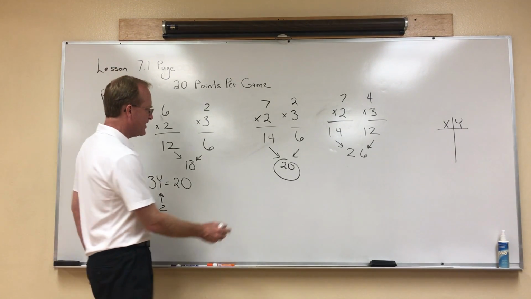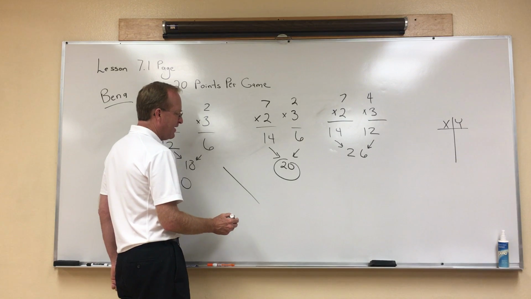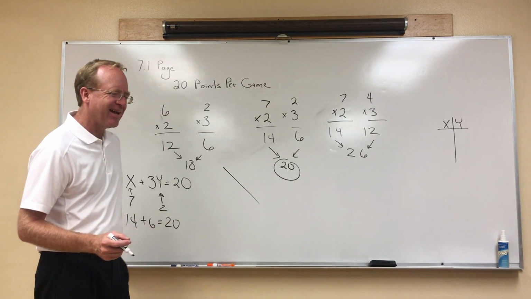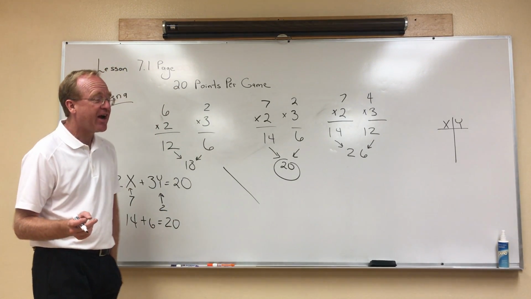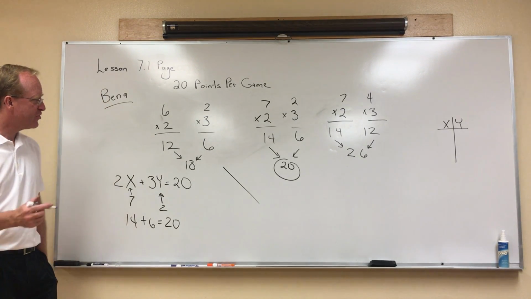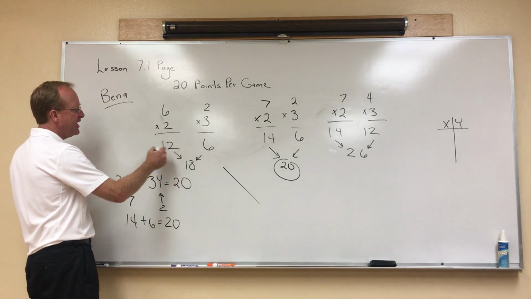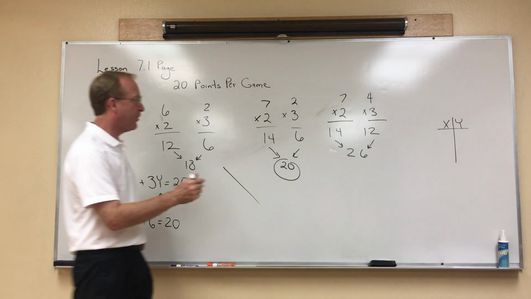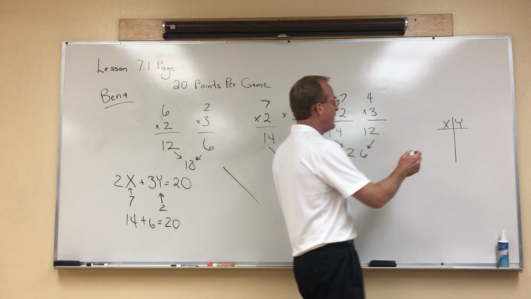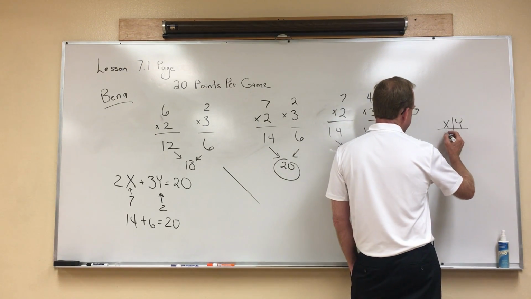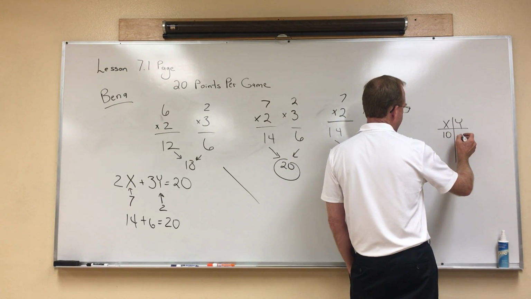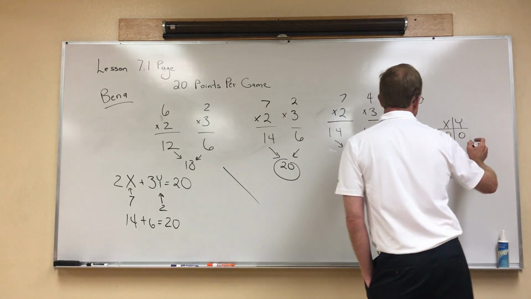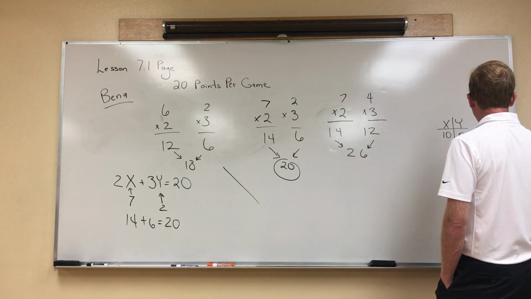If you graph that as a continuous line, you can't get like 1 point on a 2-point shot. That's not possible. There's going to be only certain combinations that work, and as you're trying to work through that, be aware of that. For example, she could take 10 2-point shots and make no 3-pointers, and that'll get you 20.